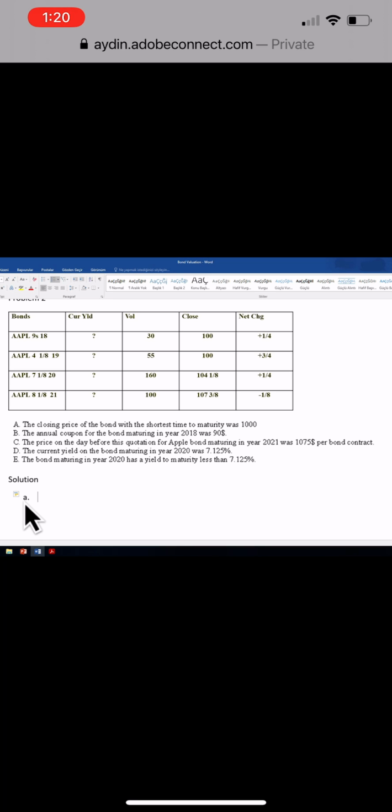So it's 100% of the face value, which is 1,000, right? So therefore, this is correct. We say that this is true. Why is it true? Because 100% multiplied by 100, this will be 1,000. This will be $1,000.